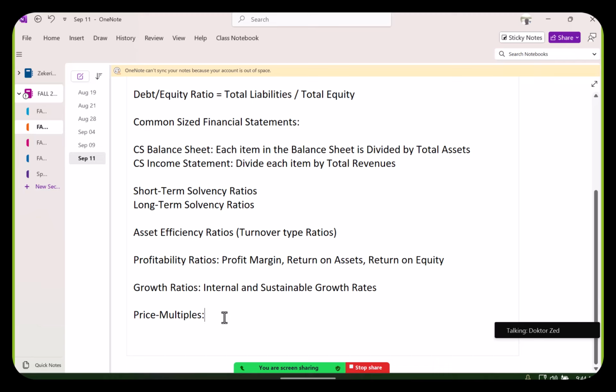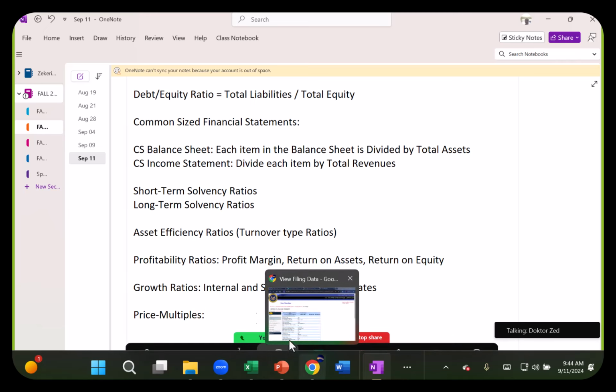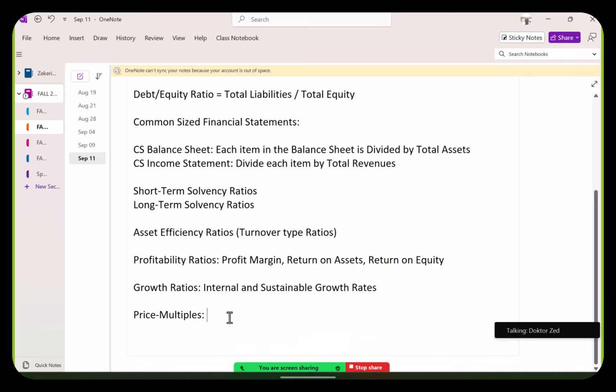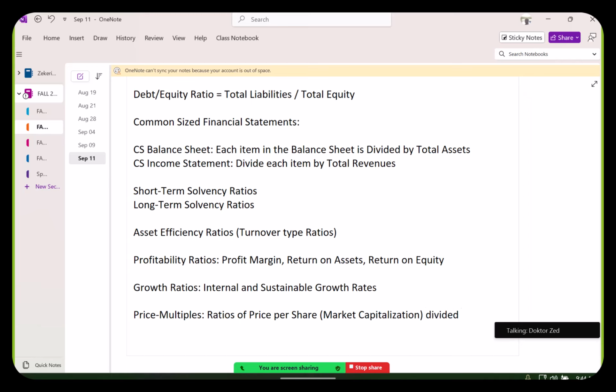And they're kind of important. For example, let's talk about price multiples first. These are ratios of price per share or market capitalization, which is price per share multiplied by number of shares, divided by some quantity, either per share or total.